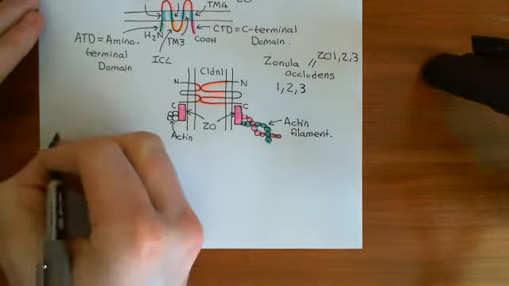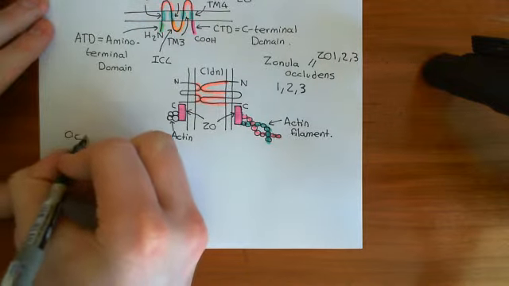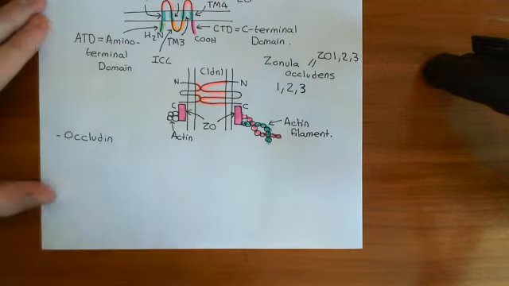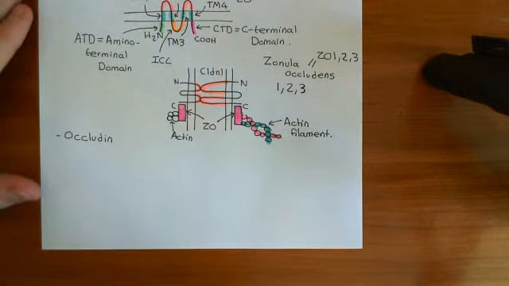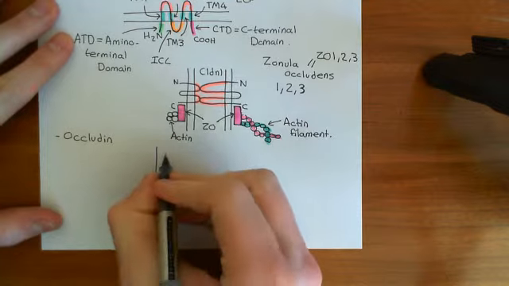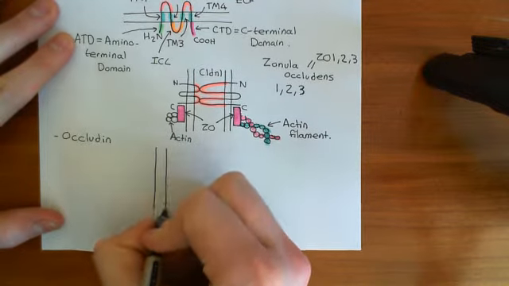Let's now talk about different proteins involved in the tight junction. The next type of cell adhesion molecule that I'd like to discuss is occludin. There is only one occludin protein, so this is a cell adhesion molecule, but it's not a family, it's just one protein.